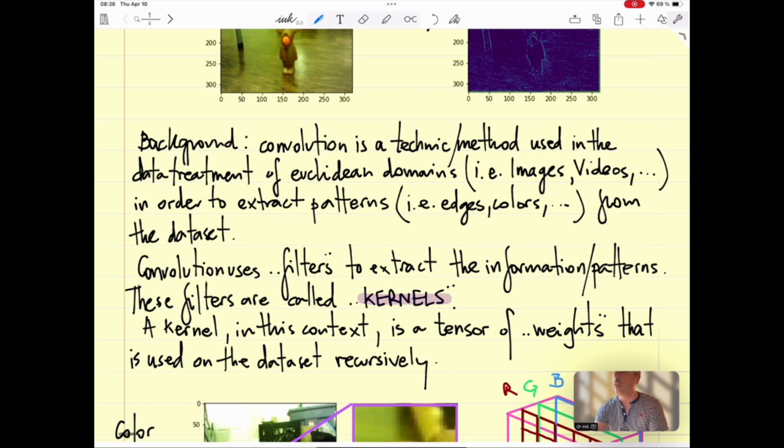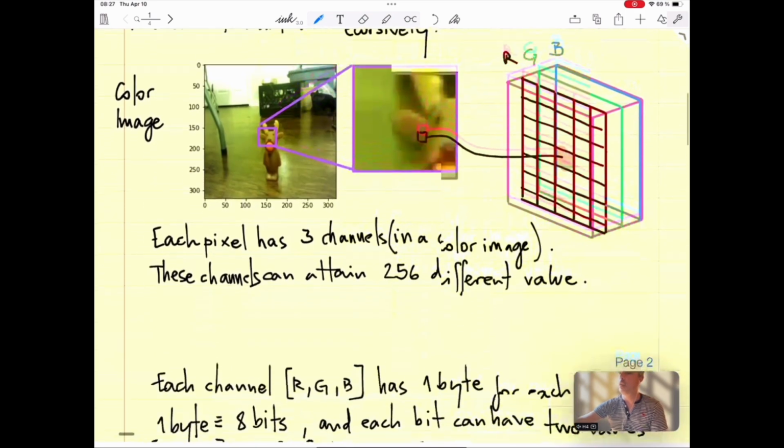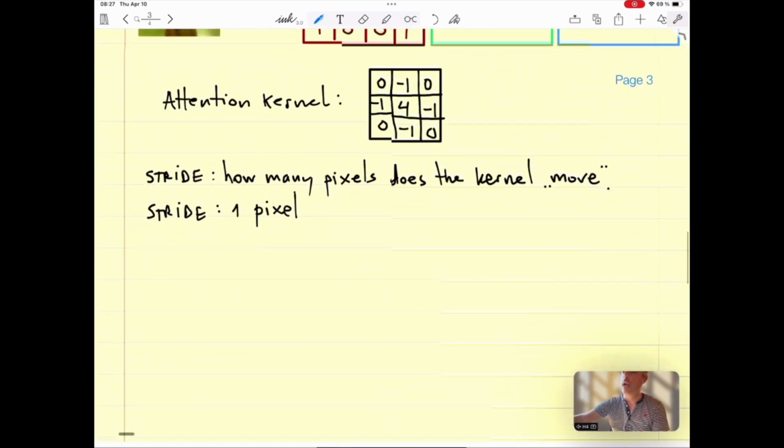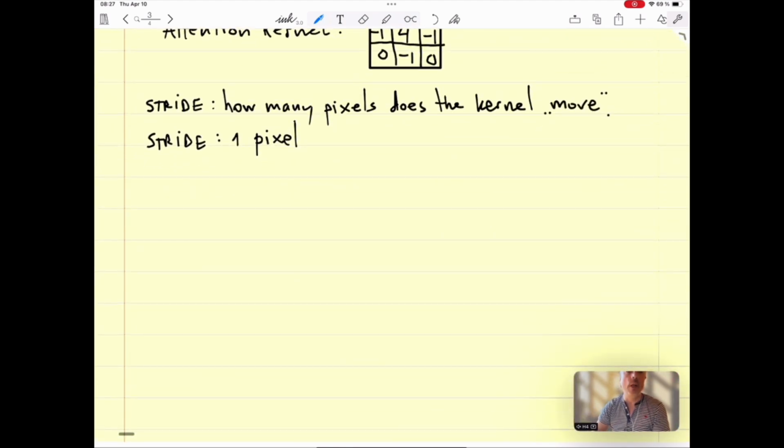We remember we said that the convolution uses filters to extract information patterns, and these kernels navigate our domain to extract the information. So this navigation is done with the stride. But let's see what it means to get the information.